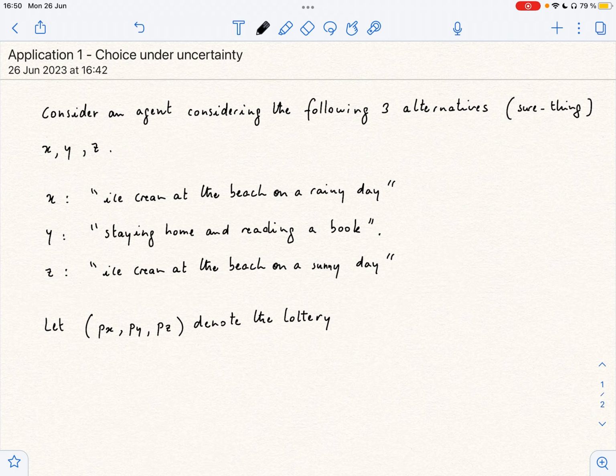This lottery means that with probability px, x is going to realize, with probability py, the alternative y is going to realize, and with probability pz, the alternative z is going to realize. So this is going to be the lottery over the set of alternatives in our feasible set, right?